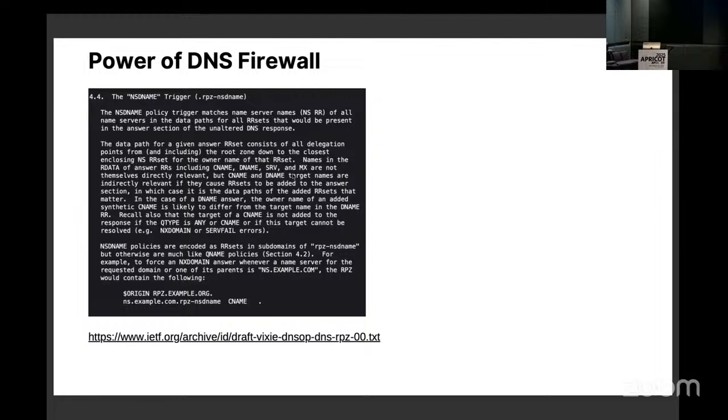So I say CNAME dot, right? CNAME stands for canonical name, or another name for. Dot means give the response NXDOMAIN. So it is not going to resolve. Any domain which is using that name server is going to get blocked in my network. So that's super powerful, right?